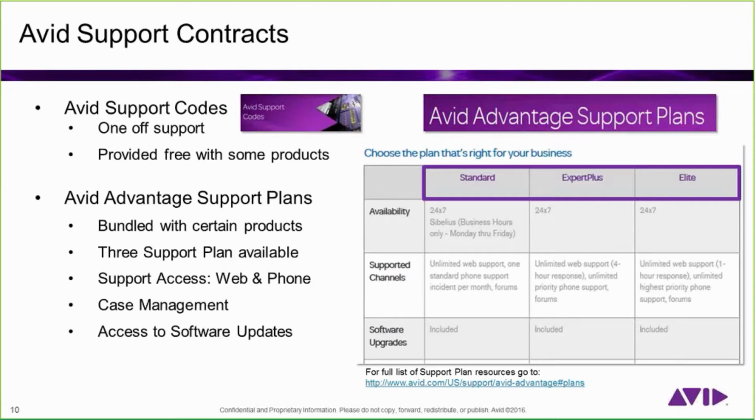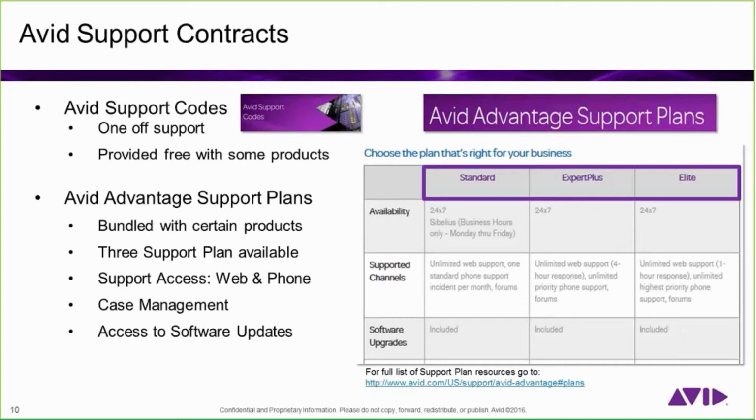So the support contracts then, these are provided with system IDs. So the way in which you use your support plan, the Avid Advantage support plans, is via a system ID. That's synonymous with the Avid support code. So the system ID will enable you to have 3 different levels of support here.